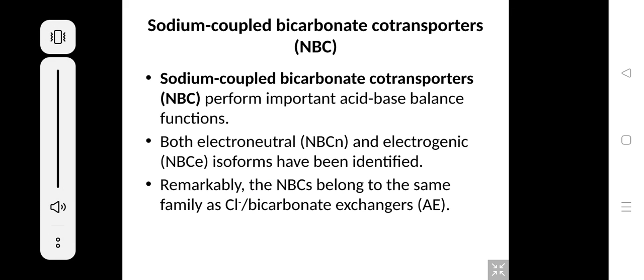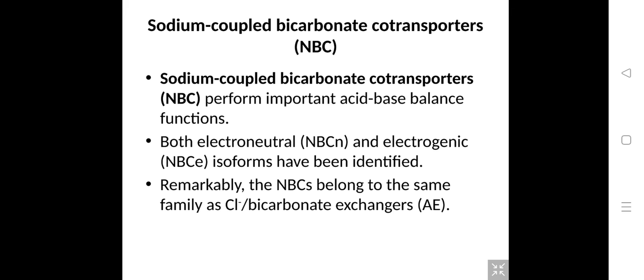Isoforms? What's an isoform of a protein? Anybody? Or shall I call on people?